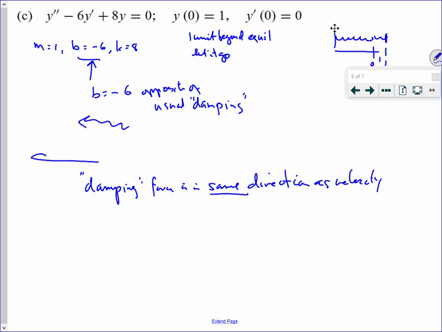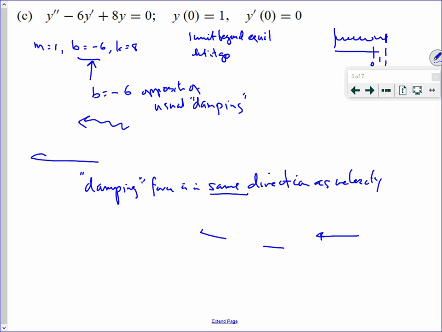Okay. So what do you suppose that would do then? It's not going to slow something down, it's going to speed it up. Does that sound reasonable? As I said, when we let it go, it's going to want to head this way. And because of what we're calling damping here, what this middle coefficient does, it's going to actually push it even further.